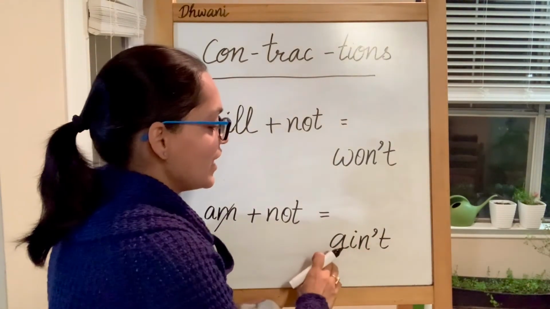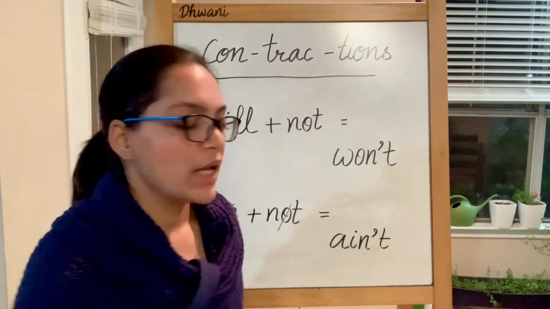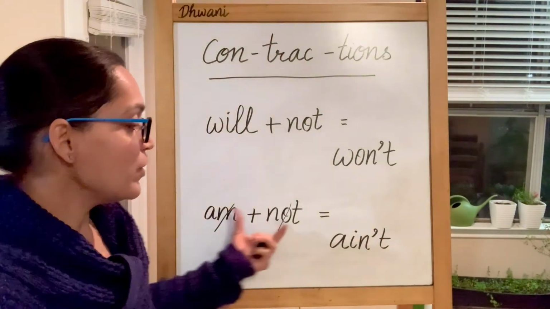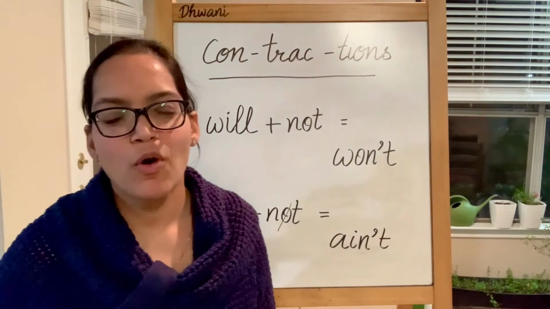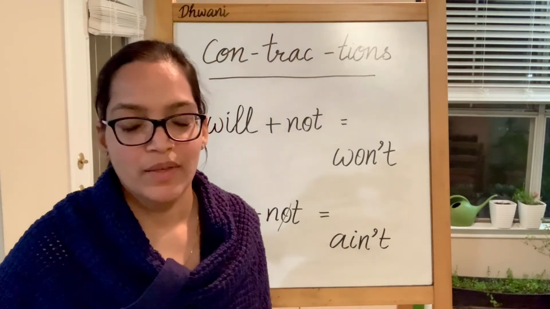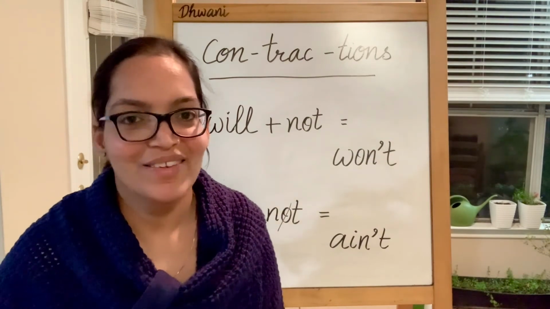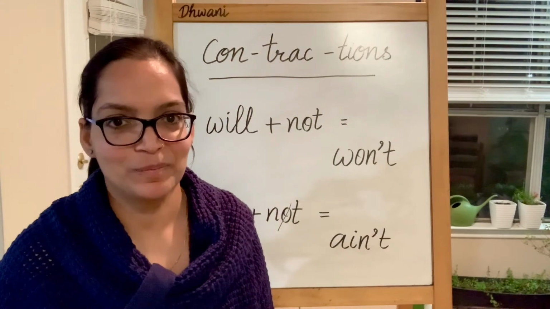And this is AI, and then from not we take away the O and put an apostrophe in place of O. So now am not turns into ain't. I am not feeling too good today. I ain't feeling too good today. Both are the same. In place of am not, we have used ain't.